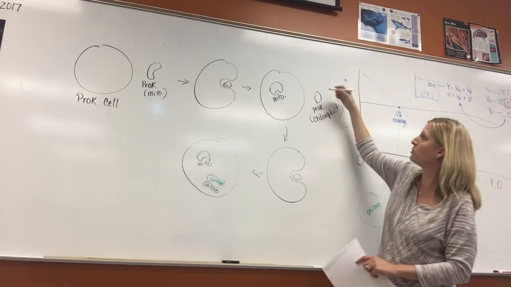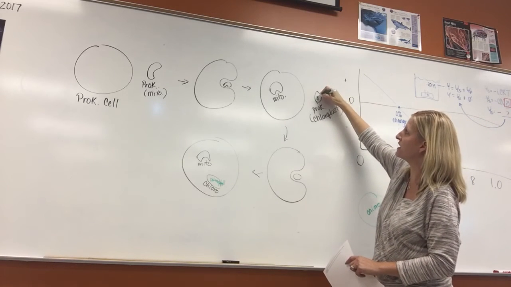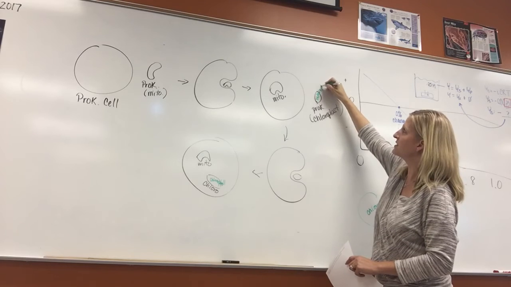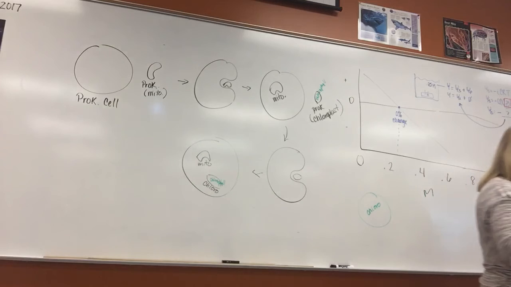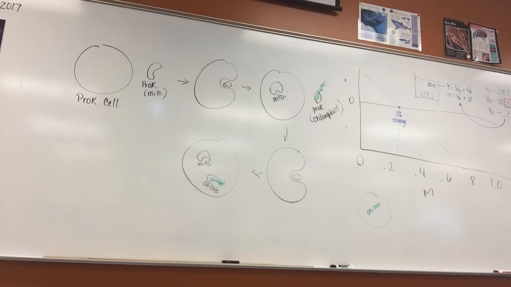The chloroplast originally was a prokaryotic cell that contains chlorophyll and can do photosynthesis and became the chloroplast inside of the plant cells. And so that was proof that it might have happened, that there are actually living cells that are prokaryotic that have chlorophyll and do photosynthesis without the chloroplast. Does that make sense? Yes.